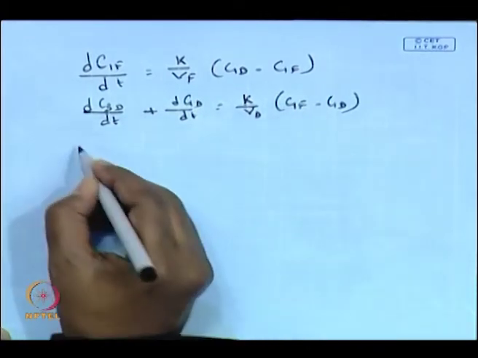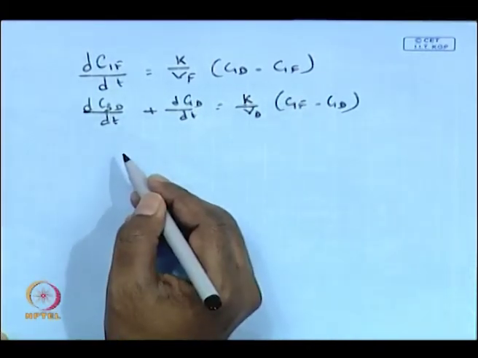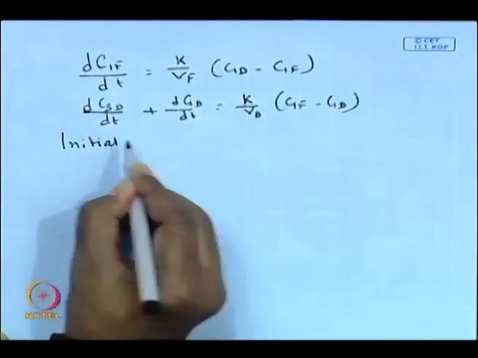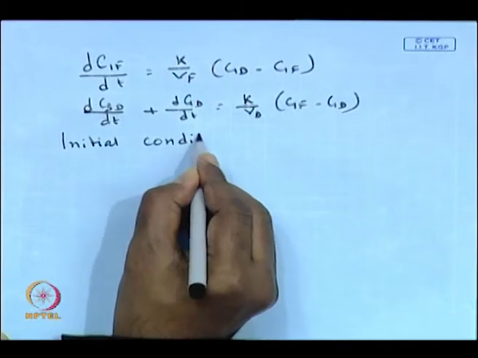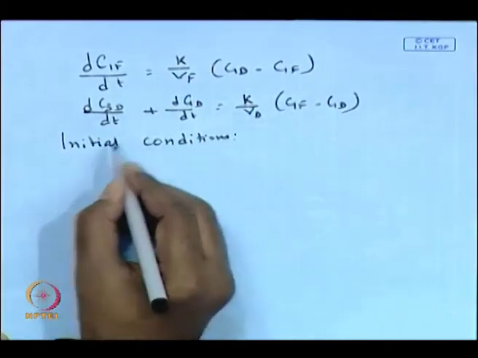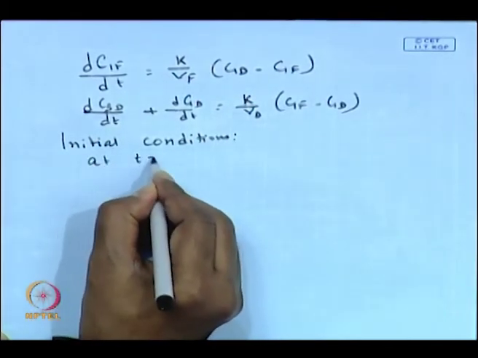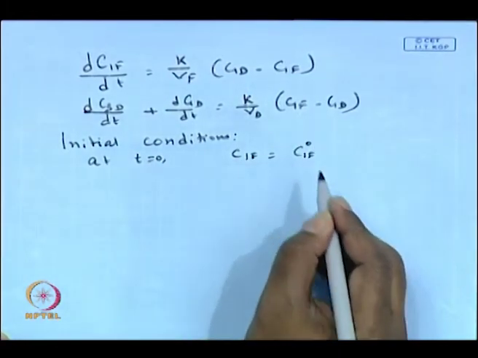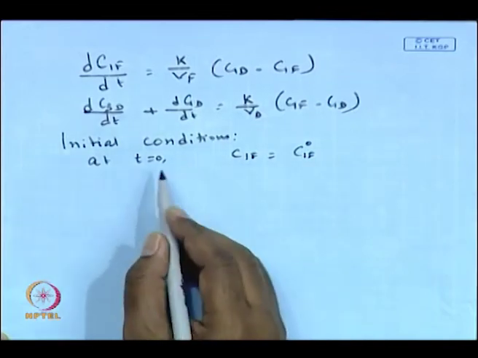Now, we have the initial conditions. This is an ordinary differential equation and the initial conditions are specified. At time t equal to 0, C1f is equal to C1f naught. That means the initial concentration was C1f naught.